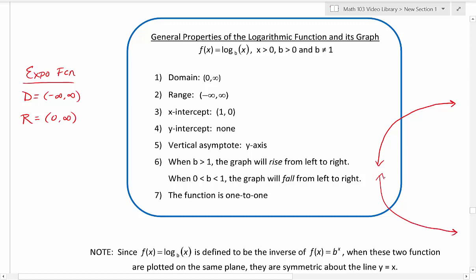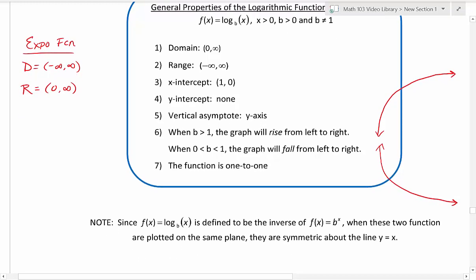And lastly, logarithmic functions are one-to-one. Since f of x equals log base b of x is defined to be the inverse of f of x equals b to the x, when these two functions are graphed on the same plane, they will be symmetric about the line y equals x, like all inverse functions.